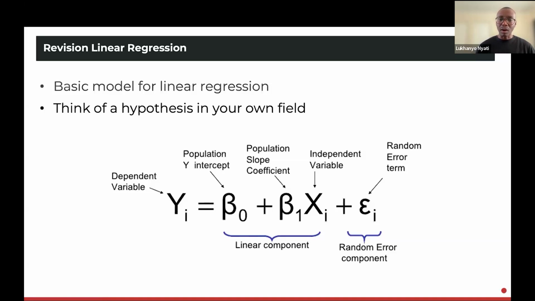What we're trying to capture in this equation is to estimate some parameters that help us to understand the relationship between the independent variable, which is your x, as well as the dependent variable, which is your y. In some texts, the dependent variable can be called the outcome variable, and the independent variable may be called the exposure variable, all right?